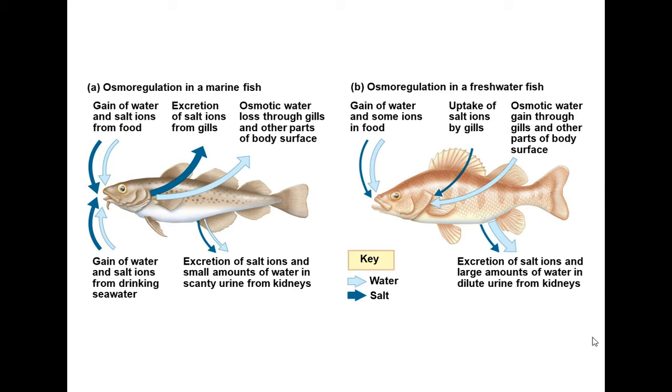While in a freshwater fish, they are gaining lots and lots and lots of water. And so that's going to reduce their salt ions. So they take them up through their gills, they take some up through their food. And because they keep taking in water and they keep taking up ions, they lose both through lots of urine in their kidneys.